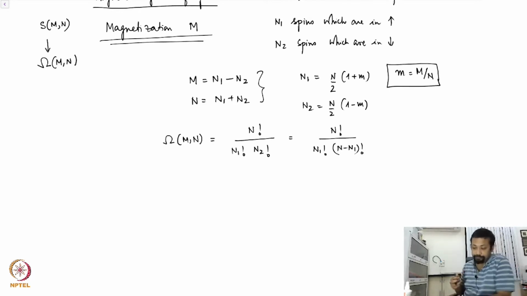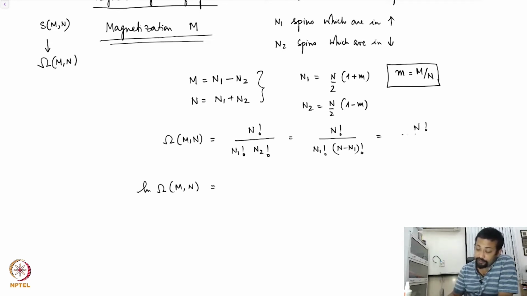So now we'll keep it as n2 because we have already derived an expression for n2. Omega comma n, now it's a long algebraic process. So this we will write down as n factorial over n into 1 plus m by 2 factorial times n into 1 minus m by 2 factorial.